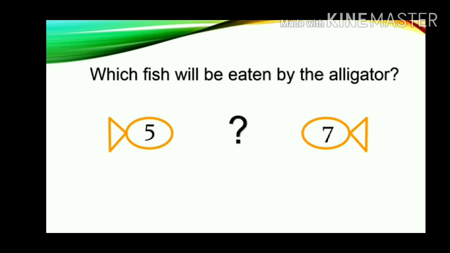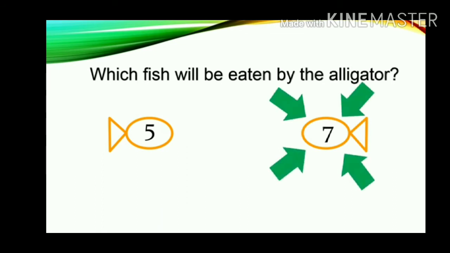So the alligator eats 7 fish. 5 is smaller and 7 is bigger. So the alligator eats the bigger number.